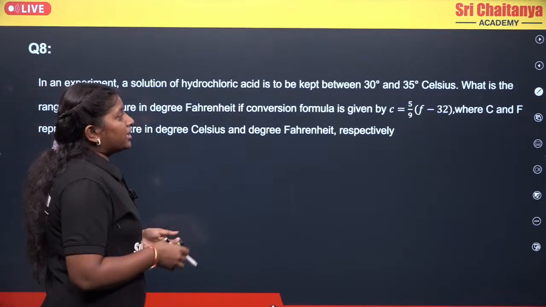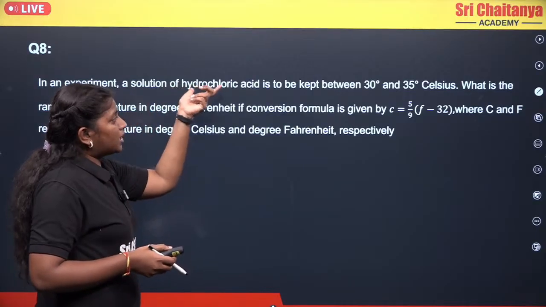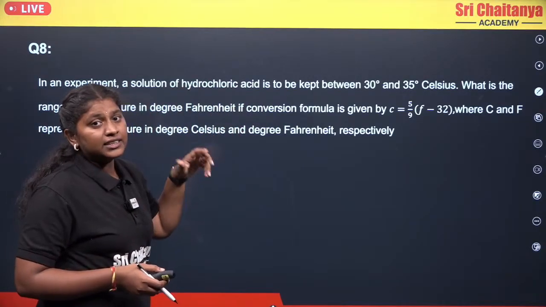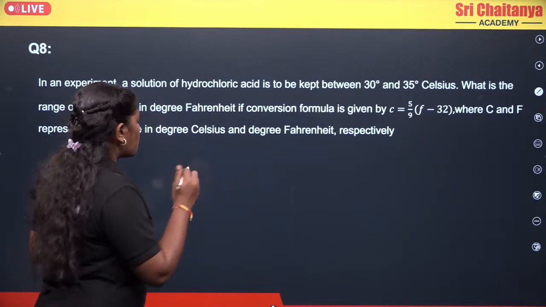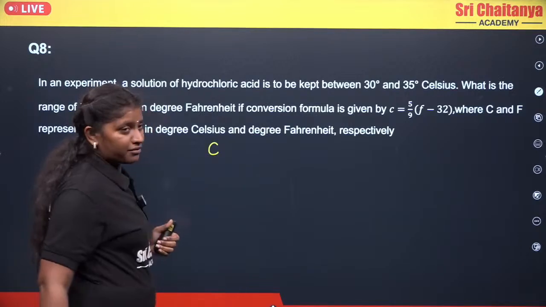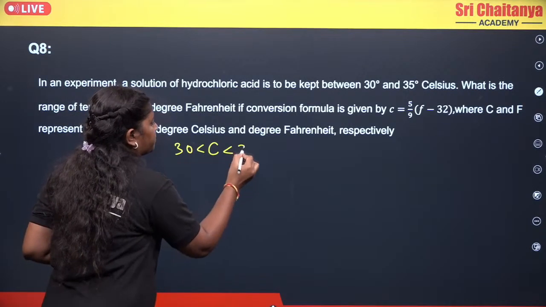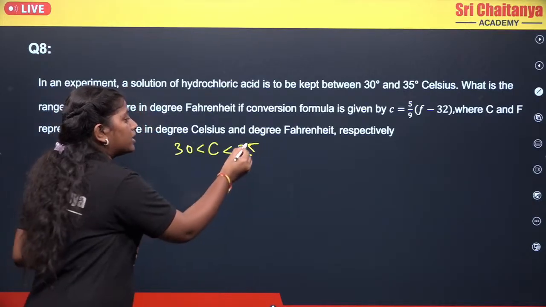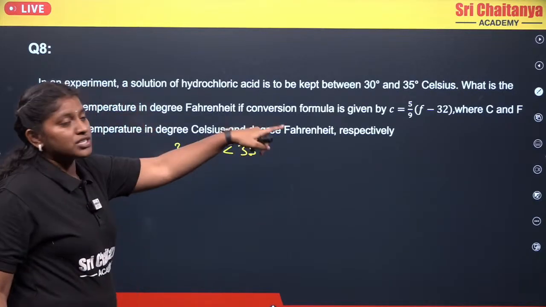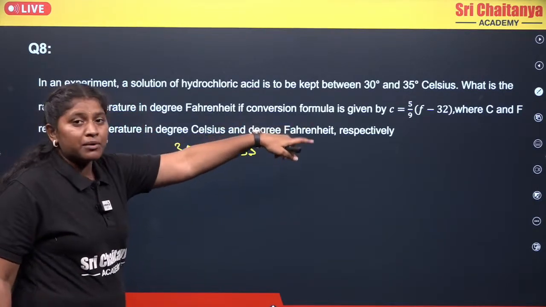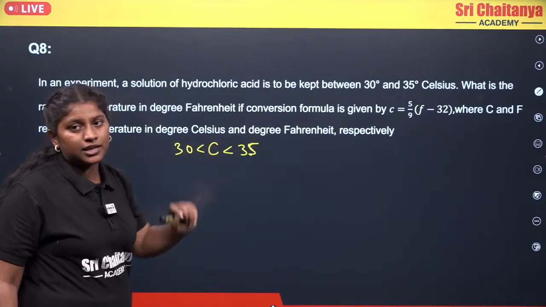Now they gave that the temperature is between 30 and 35 degrees Celsius. Whatever the Celsius temperature is, it is between 30 and 35, right? Already they gave the conversion formula, where C is 5 by 9 into (F minus 32).